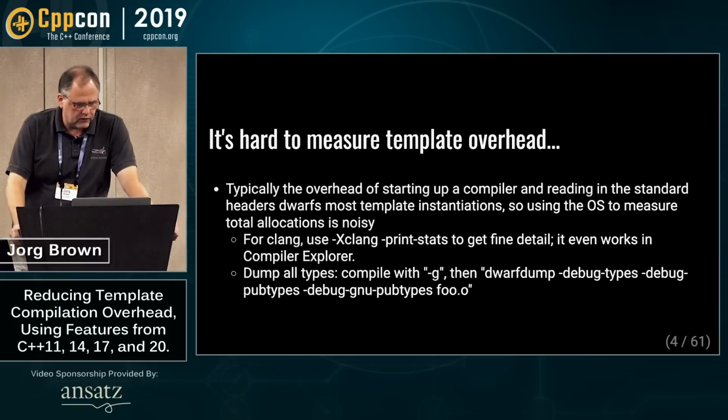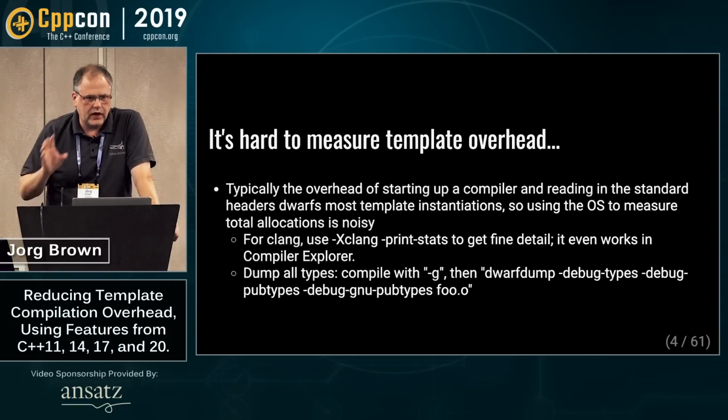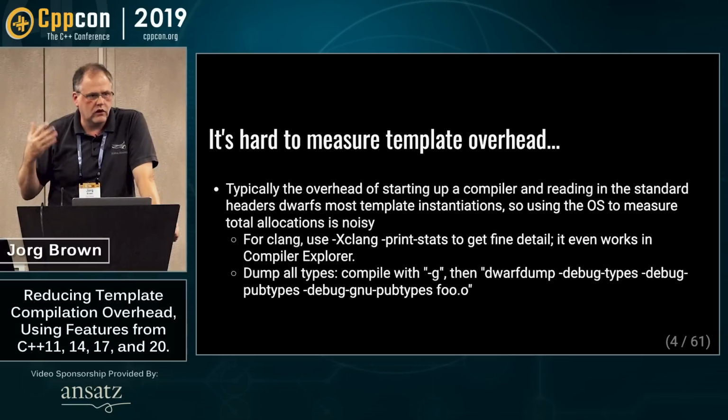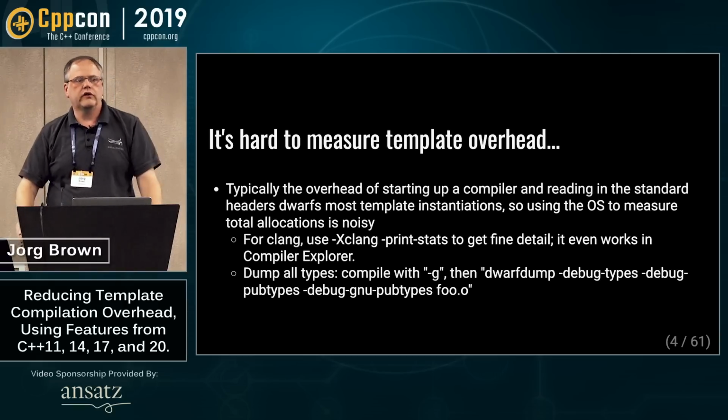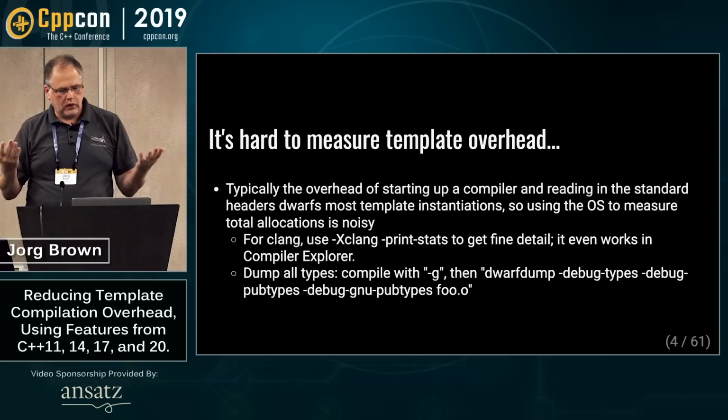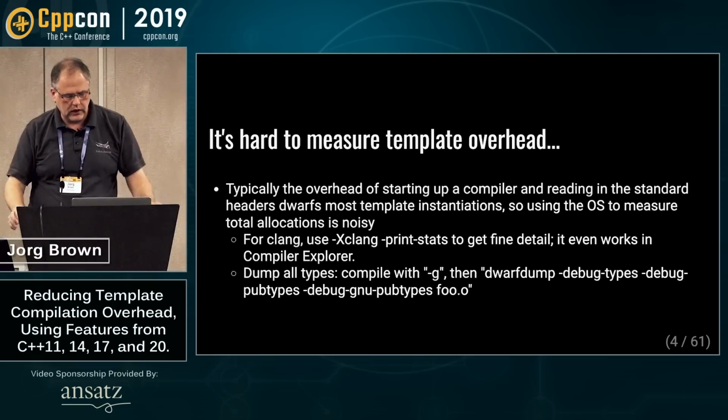So what I'd recommend, if you are going down this path and writing test code, is in Clang, there's this nice -Xclang -print-stats. It gives you fine detail: exactly how many templates are being instantiated, classes, variables, expressions, all kinds of stuff. It's really useful to compare two side by side and make sure that the changes you're making are really effective and going in the right direction.